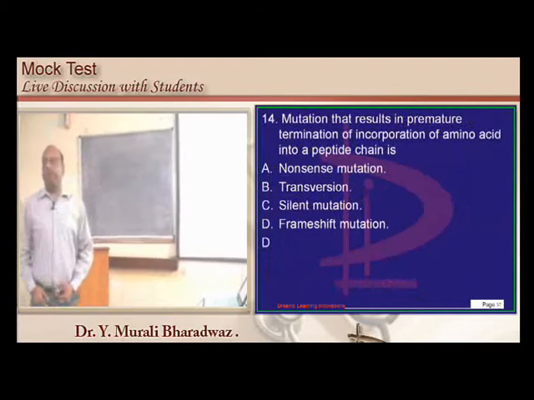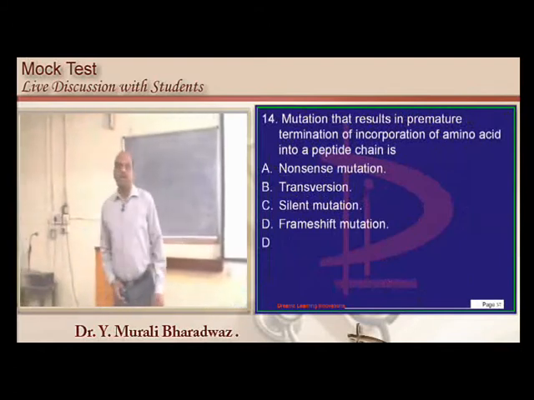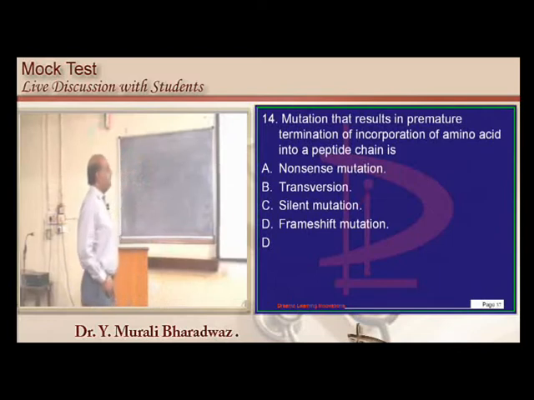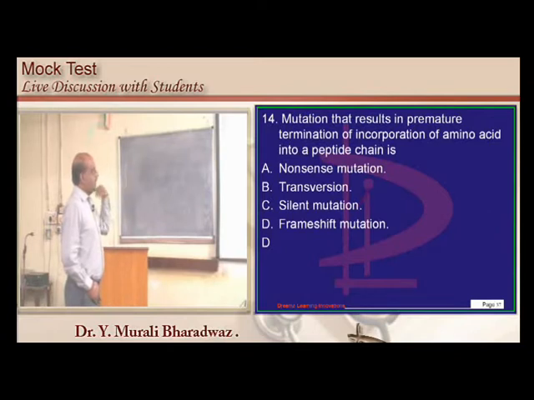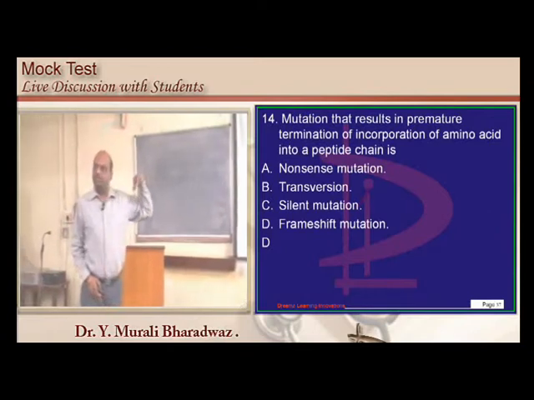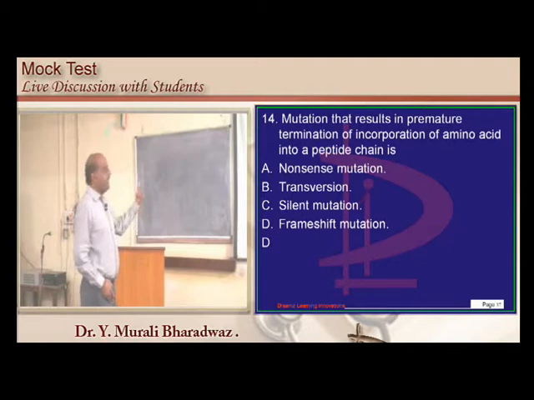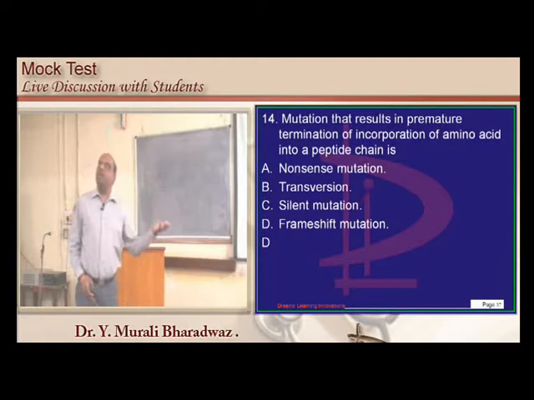Now what do you mean by Frameshift mutation? Whenever there is a genetic mutation where one nucleotide has been lost, because of that there is a movement of the trinucleotide sequence, which will create a different genetic code to be read, which leads to a new type of protein. That is basically called the Frameshift mutation.